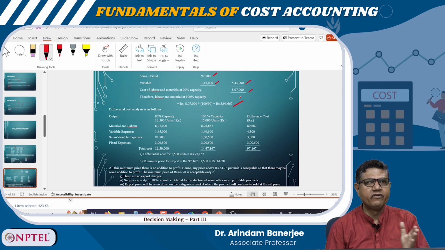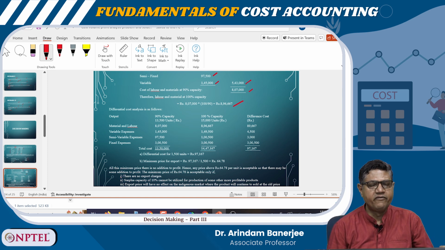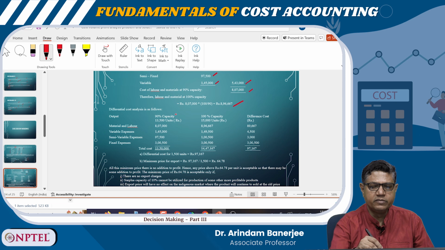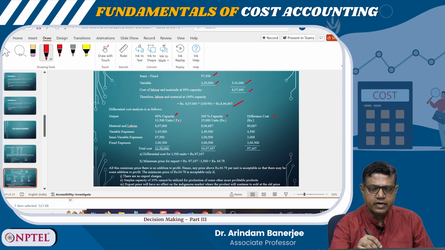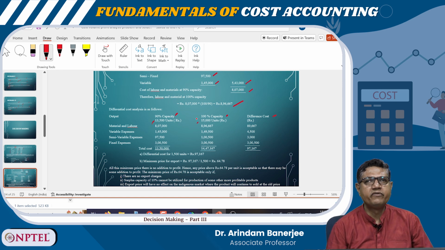Now, we will do the differential cost analysis. For differential cost analysis, we made two columns. First column is for 90%, second column is for 100%, and the difference between the two we are taking as differential cost. At 90%, the number of units is 13,500 and at 100% the number of units is 15,000.